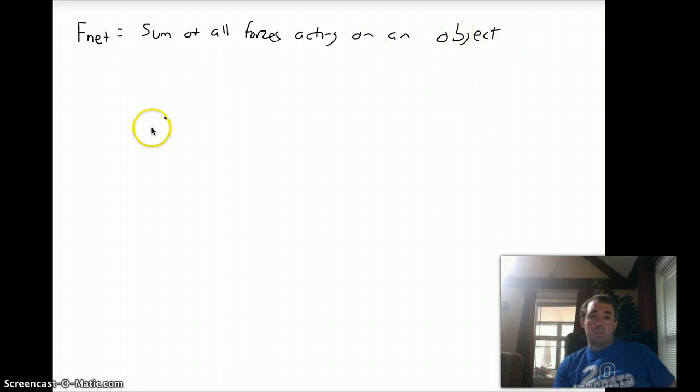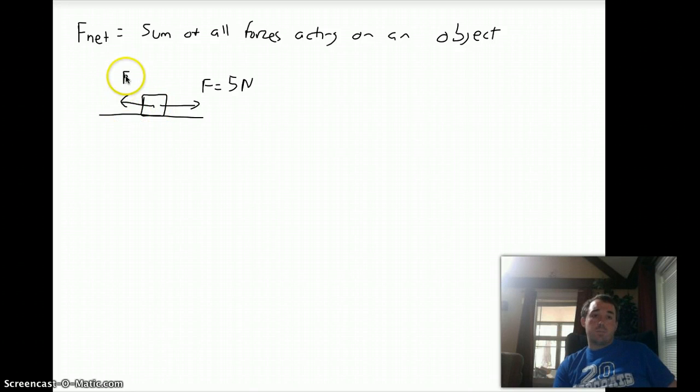So, let's just make a little scenario here. We've got a box, and it is being pulled to the right with, let's say, 5 newtons of force by one person, and another person, playing a little tug of war here, is pulling with 4 newtons.